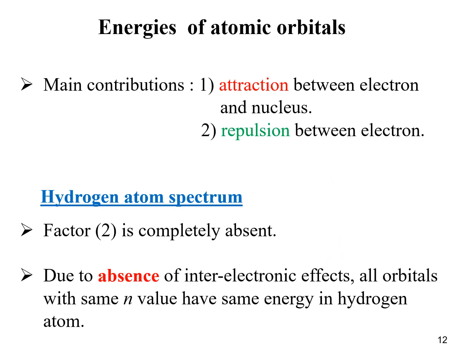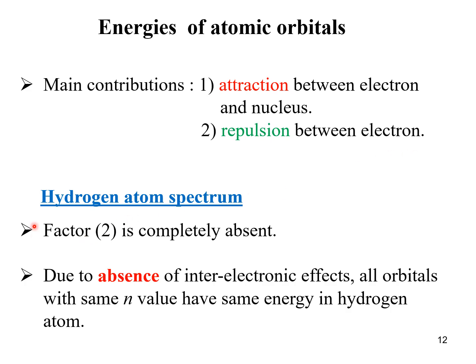When considering the energy of atomic orbitals, there are two main contributions. Number one is the attraction between the electron and nucleus. The second involves the repulsion between the electrons.